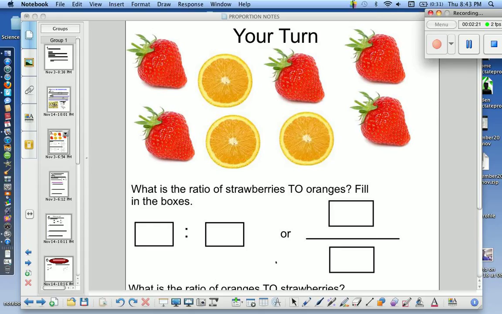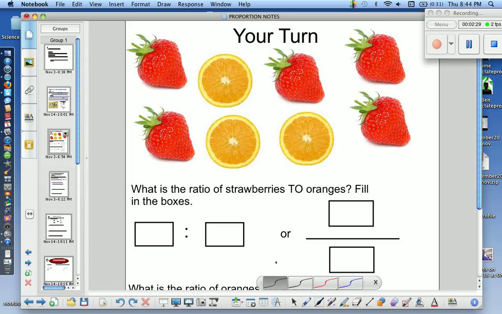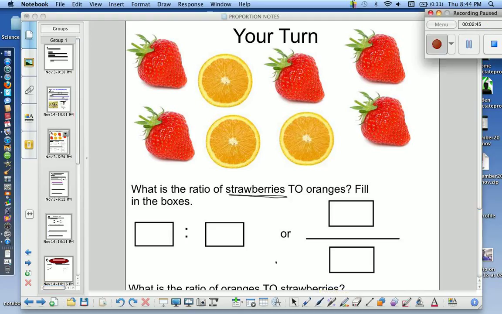So now it's your turn. We've got some strawberries and some oranges. What is the ratio of the strawberries to the oranges? We see that word "to," so we need to think, what does the word "to" go with? We're going to stop the video and somebody needs to tell everybody what the word "to" goes with. So the word "to" goes with ratio.